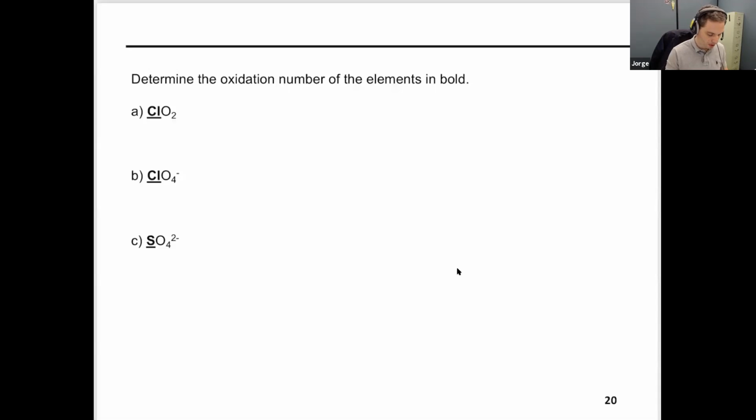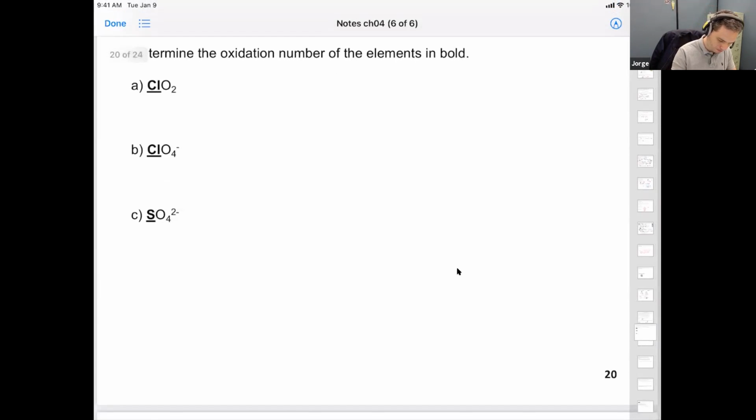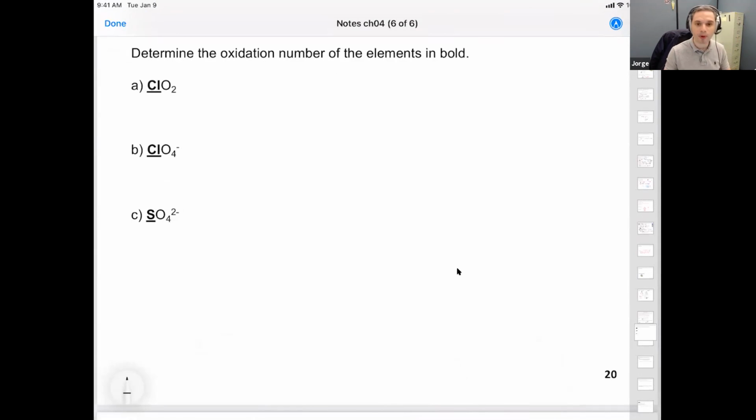Let's start with the first one, ClO2. The first thing that you always have to pay attention to is whether the compound is charged or neutral. In the case of ClO2, this is a neutral compound because there is no number on the upper right corner.